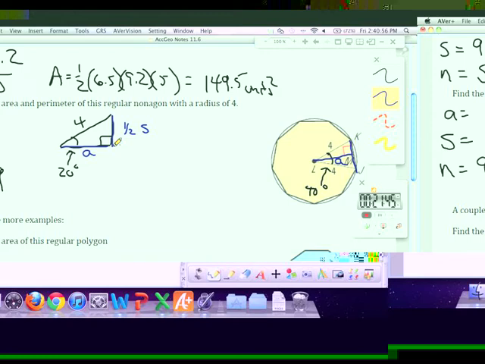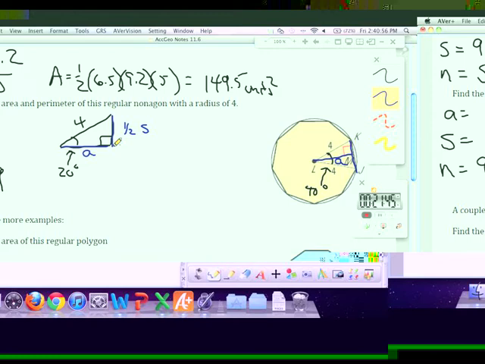Well, I want to take this idea and come up with a way to actually calculate the area of any regular polygon. Our strategy is going to be this. If we take the polygon and from its center we draw all the diagonals, I think of it like a radius from the center to each vertex.